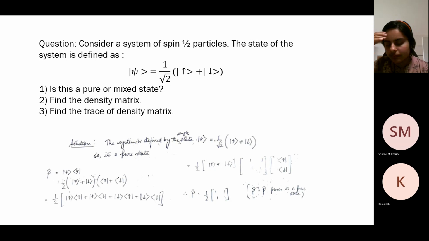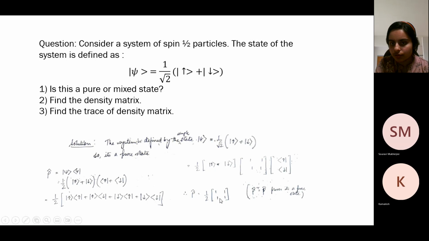If you try solving, you'll see that one eigenvalue will be 1 and the other will be 0. On diagonalizing, you'll get something with only one nonzero element. The rho representation that you are getting is with respect to these basis vectors, up and down.